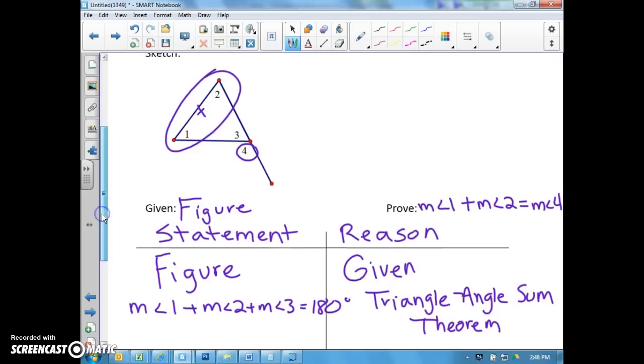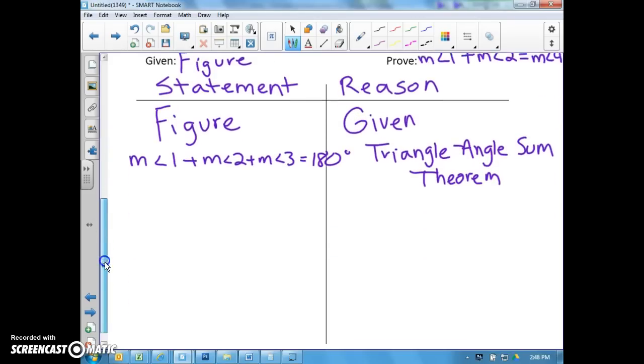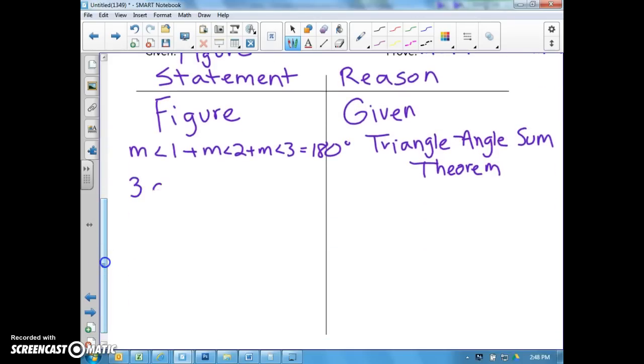I also can see that 3 and 4 are a linear pair. And because of that, they are supplementary.